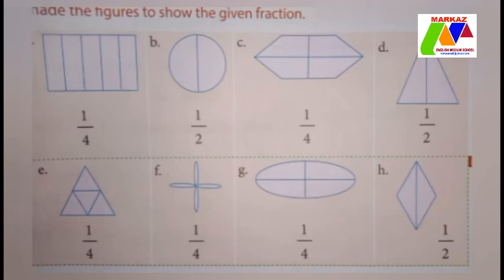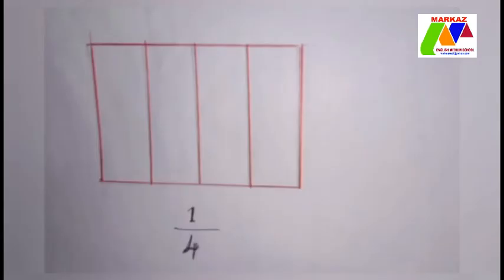Children, can you shade these figures to show the given fraction? Children, can you shade this rectangle to show the fraction 1 by 4? Children, 1 by 4 means a quarter or one part of a whole shape. Here we need to divide this shape into 4 equal parts.